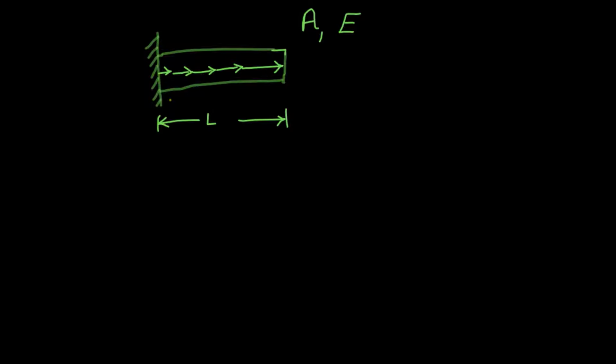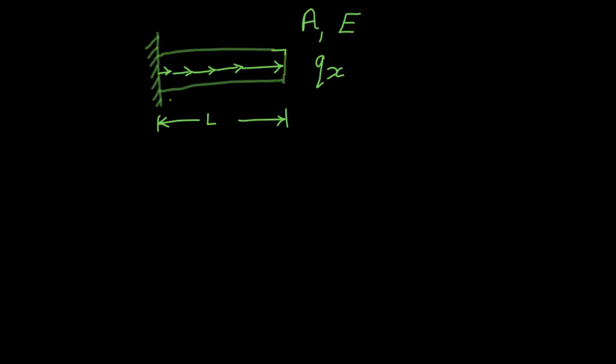So here is the mathematical representation. The rate of loading is given by this expression q·x. Now why would I say that? Because when x is equal to 0, there is no rate of loading. At x is equal to L, the rate of loading is highest. It just spikes. And the rate of loading increases in a linear fashion.